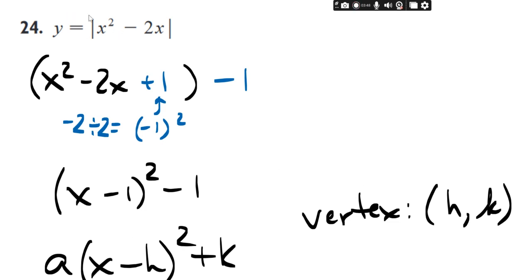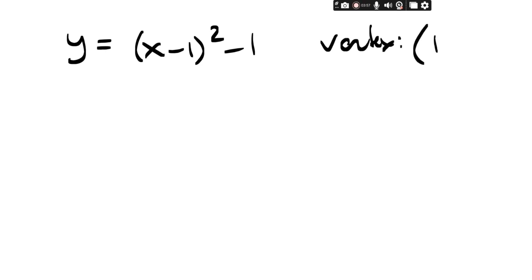But don't forget we have the absolute value here. So let's talk about that in just a bit. If it was just a plain graph, we have a vertex of (1, -1). And that's what's called the vertex form of the parabola or graphing form. That's what we're looking for. But we want to take a look at just a couple more values if we could find.